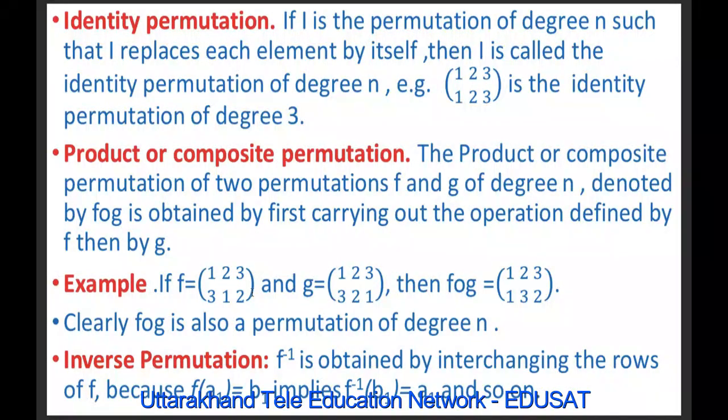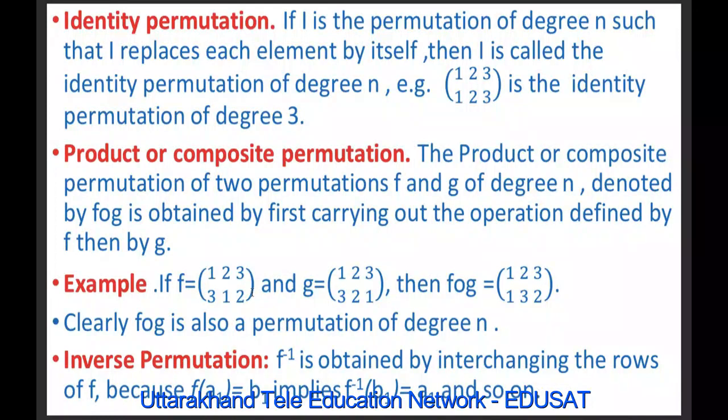Clearly f of g is also a permutation of degree n, if f is a permutation of degree n and g is a permutation of degree n. In our example, we have taken f to be a permutation of degree 3 and g to be a permutation of degree 3, and f of g is a permutation of degree 3. Now the inverse transformation.